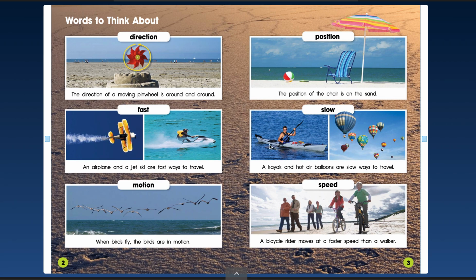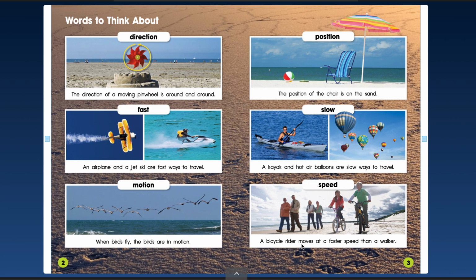Slow. A kayak and a hot air balloon are slow ways to travel. Okay, so if a kayak and a jet ski were in a race, who would win? That's right, the jet ski would win because it's fast. And here is speed.